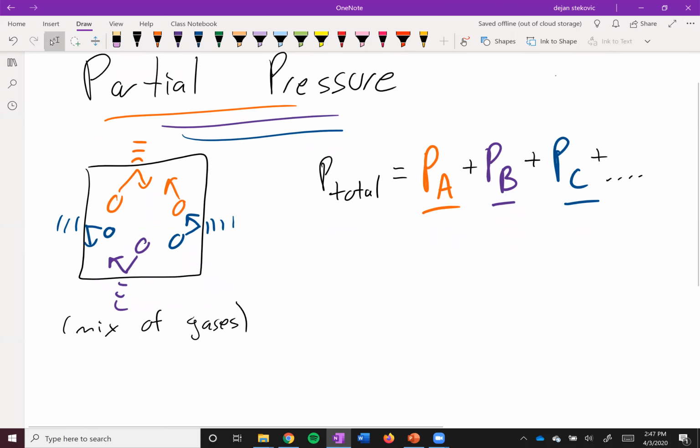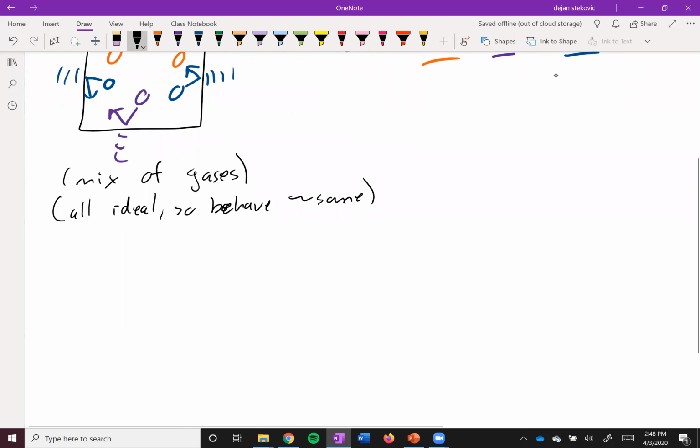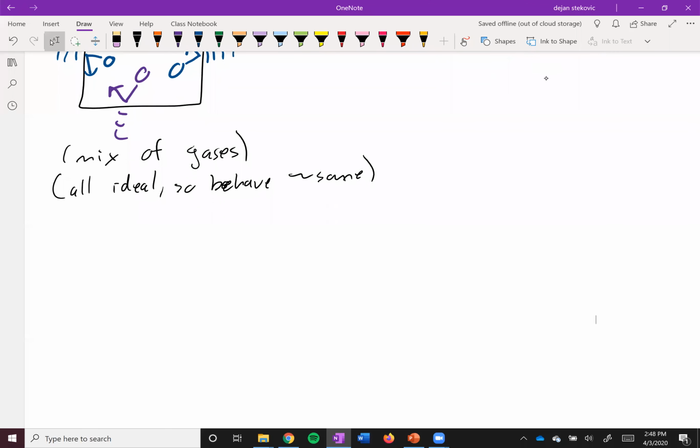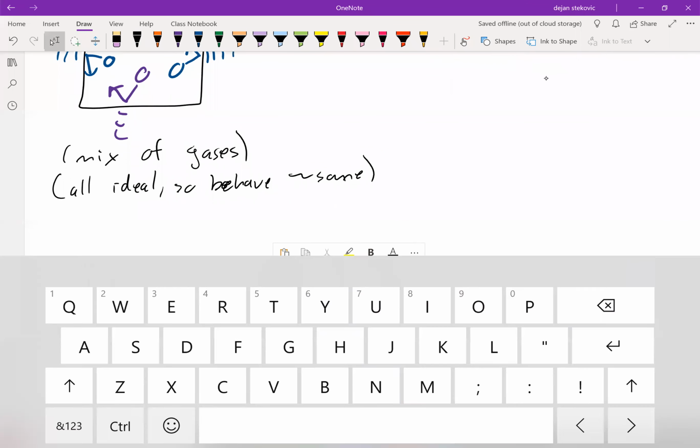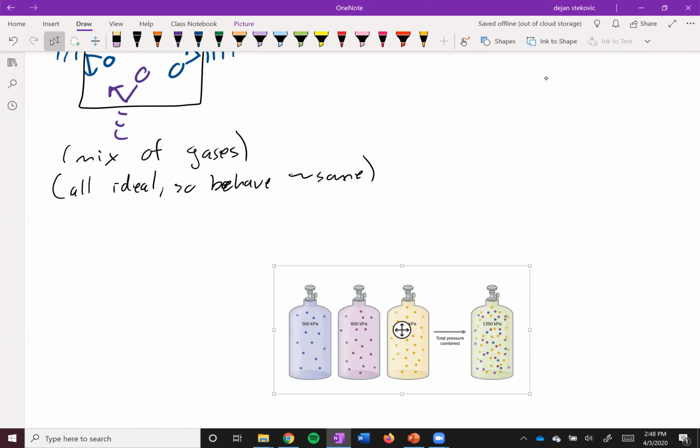And remember, all of our gases are ideal, so they all behave approximately the same. So that's what we see in this kind of picture.